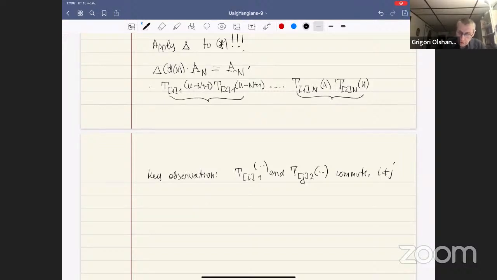And using it, we easily see, we can write this as follows. First, we have this projection. Next, we have only the operator with bracket index 1.